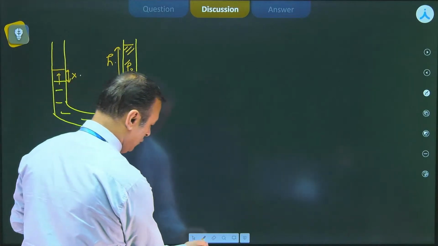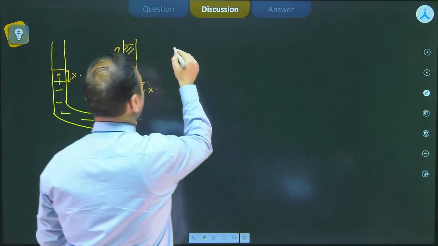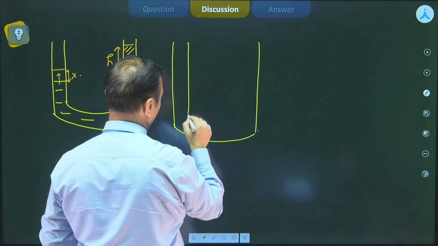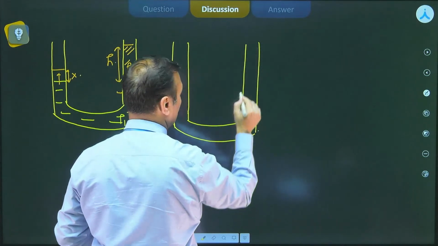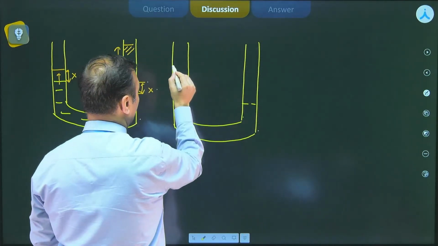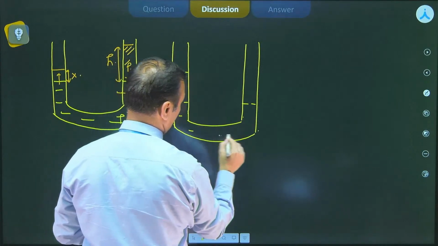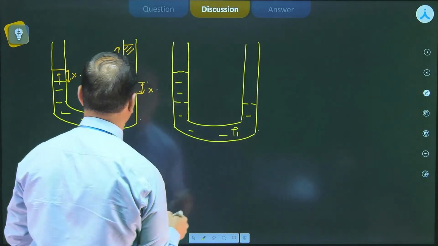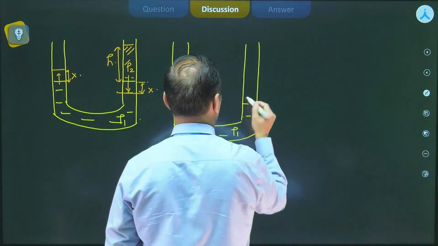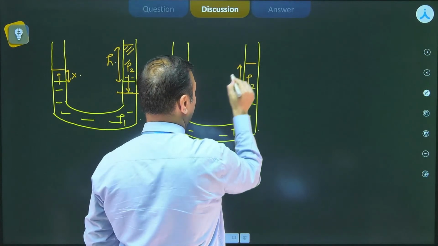So how this tube will look like: this is the same liquid 1, and this may be the liquid 2 of height h.